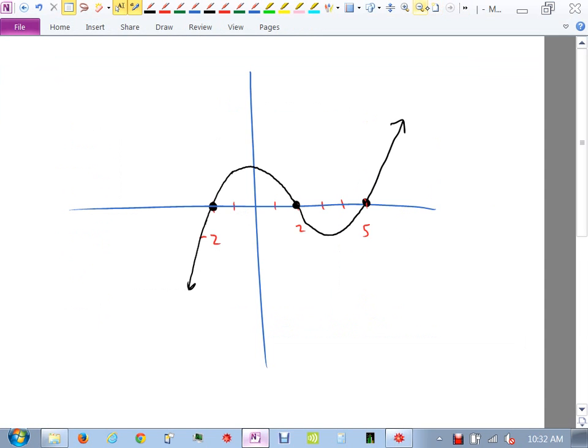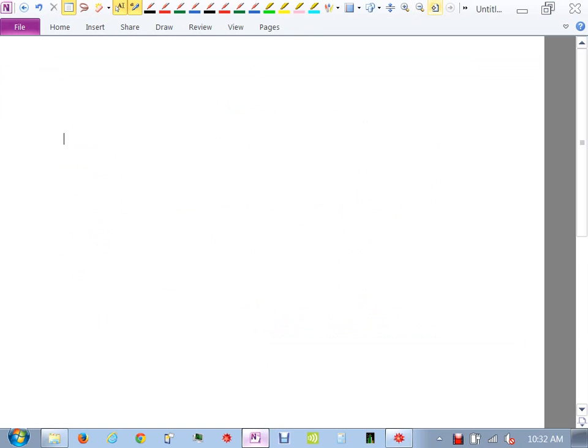All right, next example. Let's try and do a quick sketch of x cubed minus 2x squared minus 4x plus 8. Now that looks very similar to the problem we just did, doesn't it?